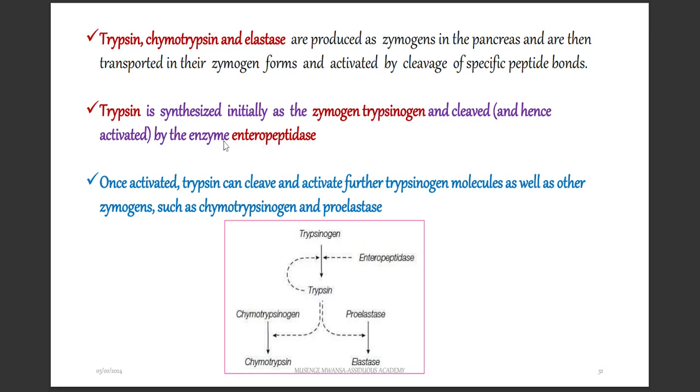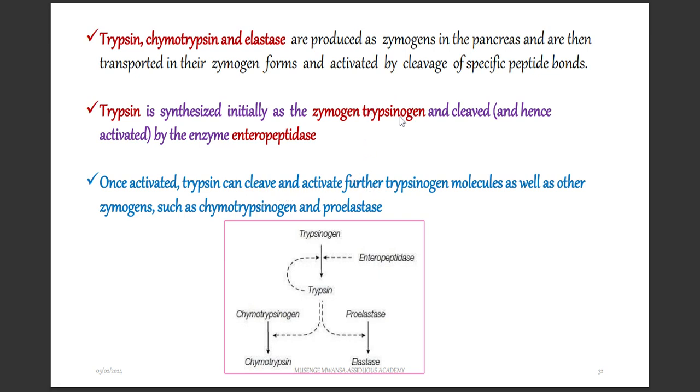And this is going to be done by the enzyme enteropeptidase. Another activation that can happen is that after you have activated your trypsin, it can now cleave and activate further trypsinogen.